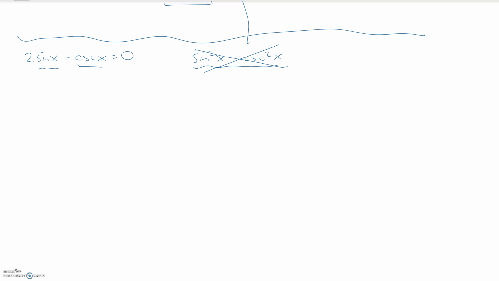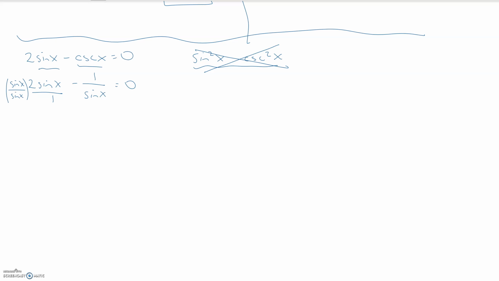I know that cosecant x is 1 over sine x. So what I'm looking at at this point is 2 sine x minus 1 over sine x equals 0. And now I'm just going to simplify. I'm going to just do what the math is asking me to do. That math is asking me to subtract these fractions. So I'm going to multiply this first guy by sine x over sine x.